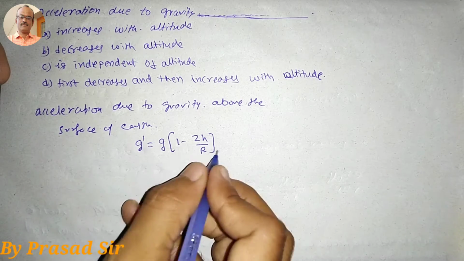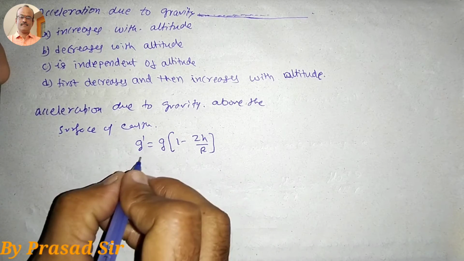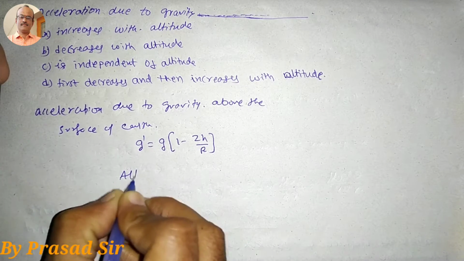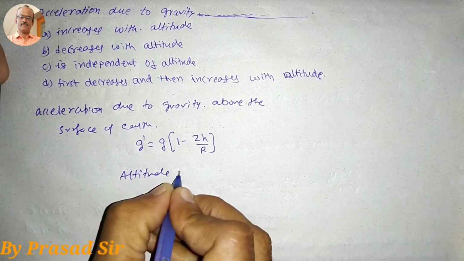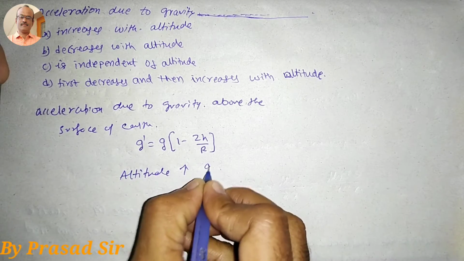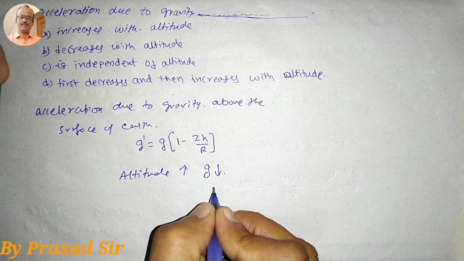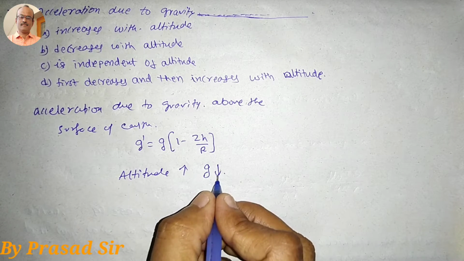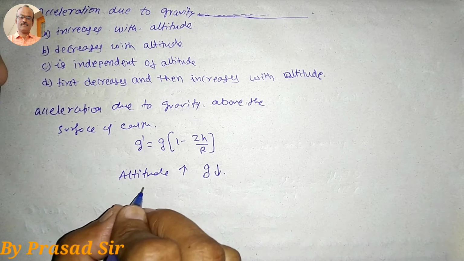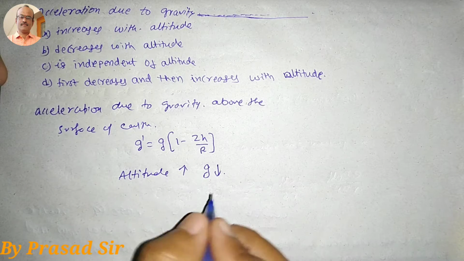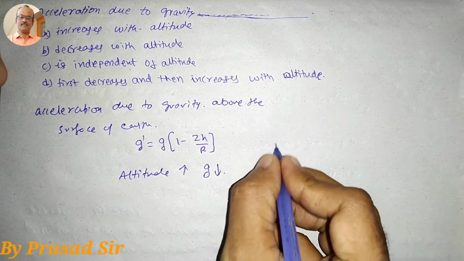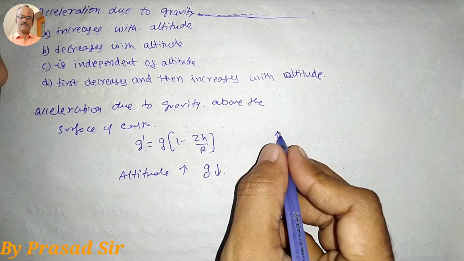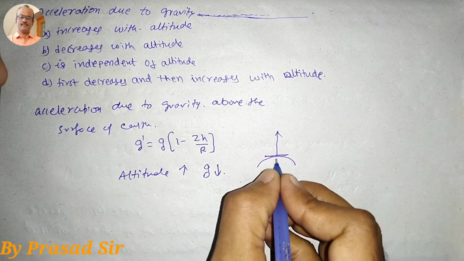So due to this formula, we know that as the altitude increases, g value decreases. So acceleration due to gravity decreases with altitude. Altitude is nothing but height from the surface.